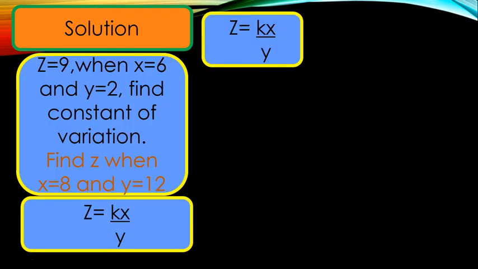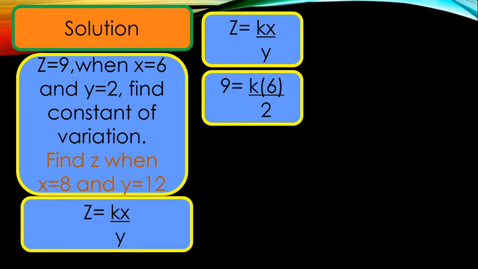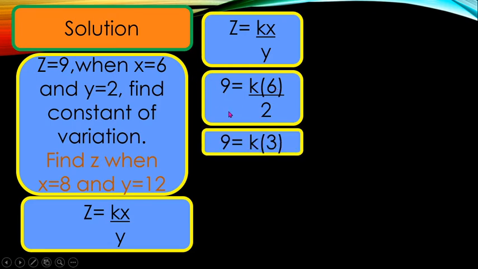Z equals Kx divided by Y. Then substitute the value of Z, that is 9, X is 6, and Y is 2. Remember, the constant of variation here is missing, so we have to solve for the constant of variation. So cross-multiply the 2 here and 6.